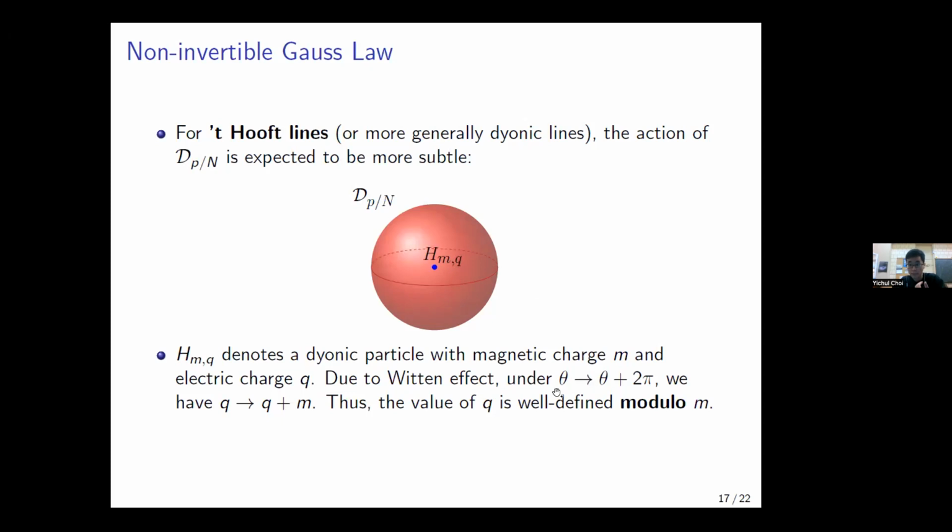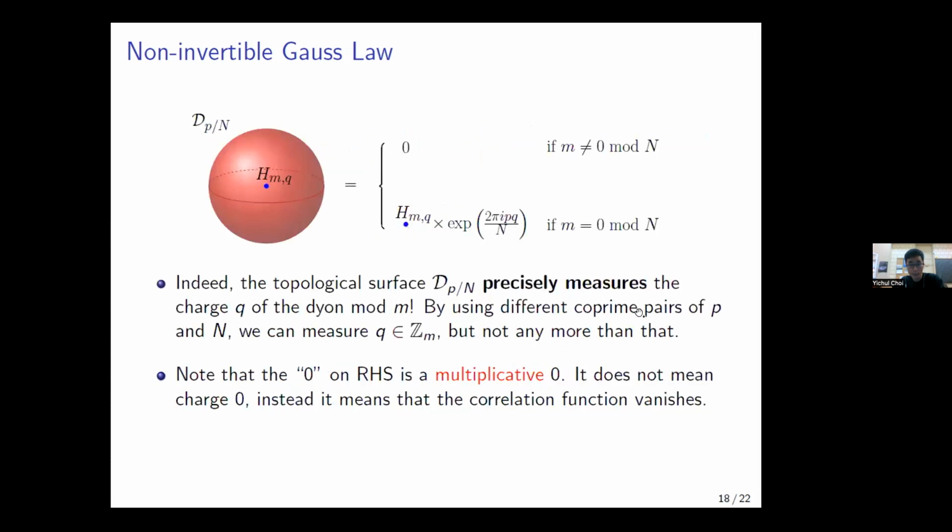If I shift my axion field by 2 pi, then the electric charge of the dyon will be shifted by its magnetic charge because of the Witten effect. So the value of Q is well defined only modulo m. And indeed, this new topological surface operator precisely measures this value of the electric charge modulo m.